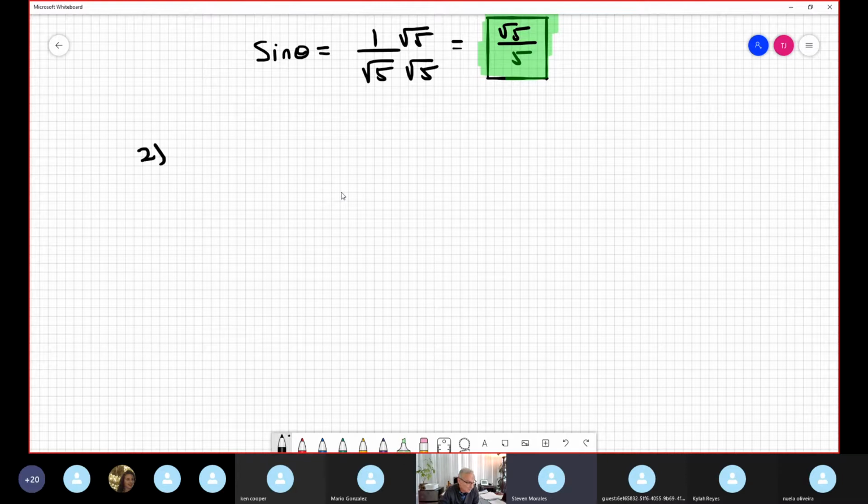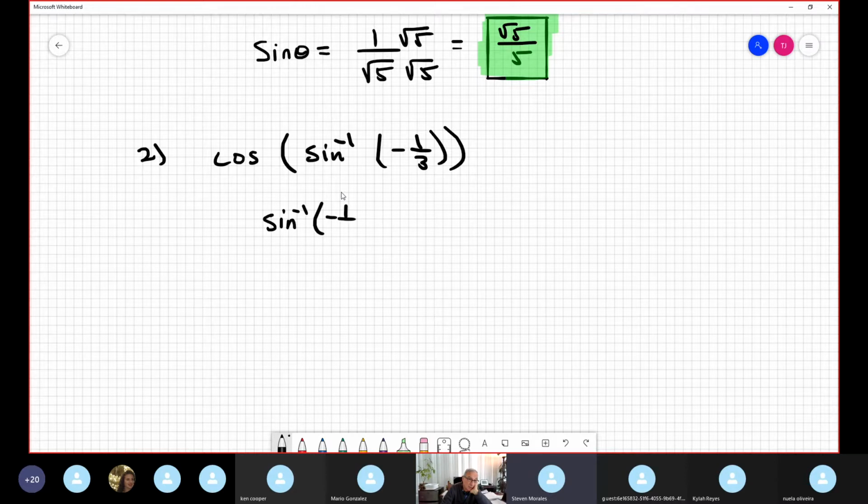Number 2 example is cosine of sine inverse of negative 1/3. Wow. When it's negative, it's complicated. Okay, you copy: sine inverse of negative 1/3 equals an angle.